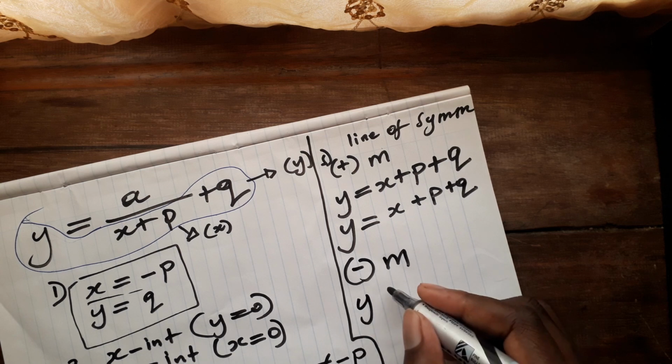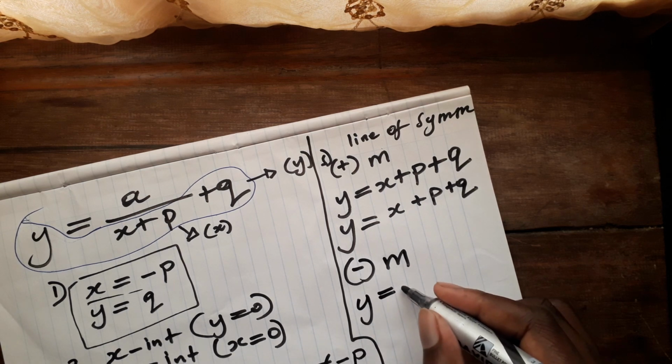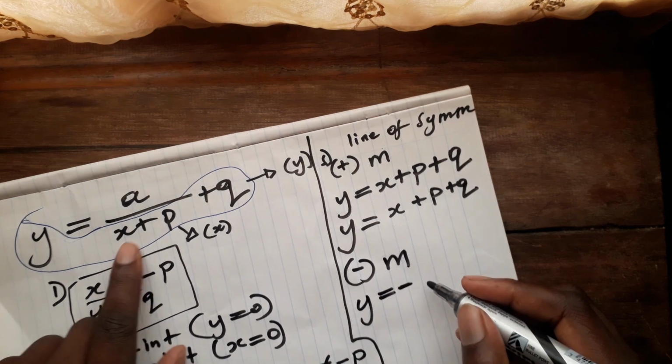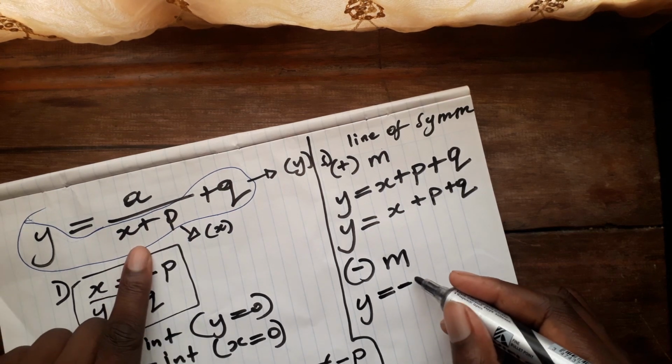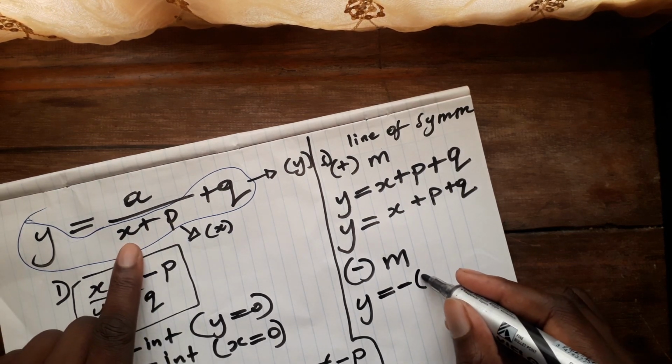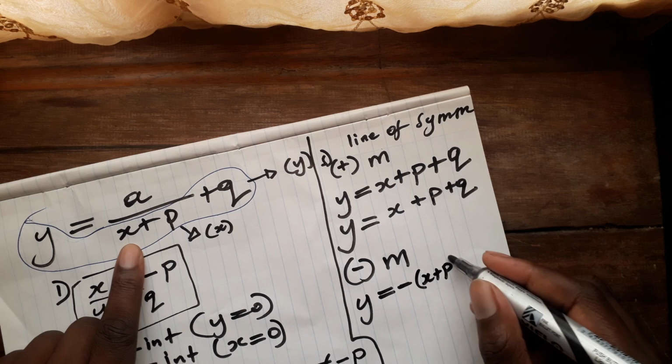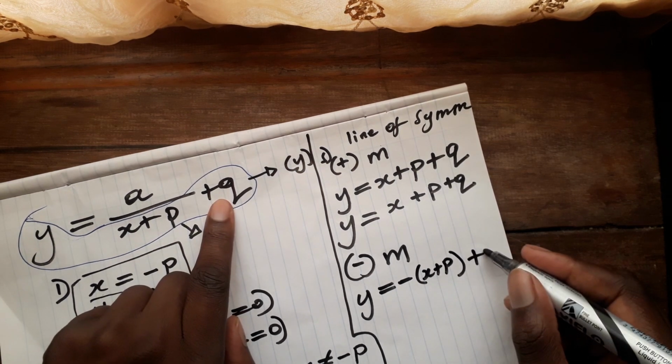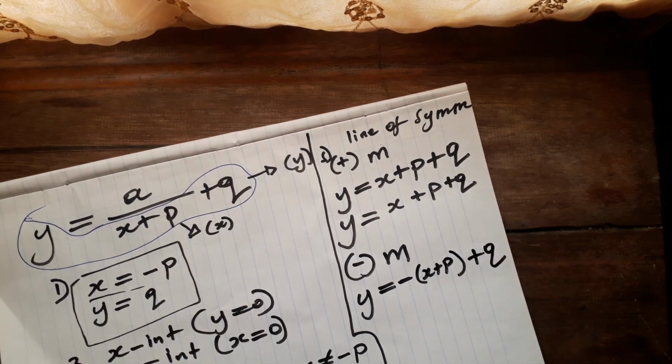You're going to say y equals negative, and then you isolate x and p inside the brackets, x plus p, and then plus this one at the end, which is q.